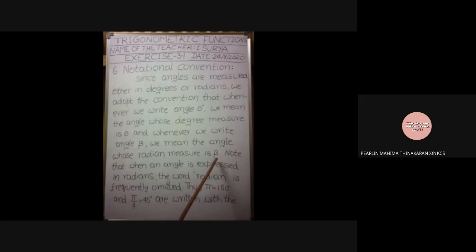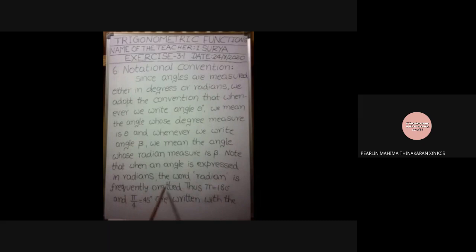Note that when an angle is expressed in radians, the word radian is frequently omitted. That pi is equal to 180 degrees means pi radians is equal to 180 degrees. Observe here, we did not write the word radian.